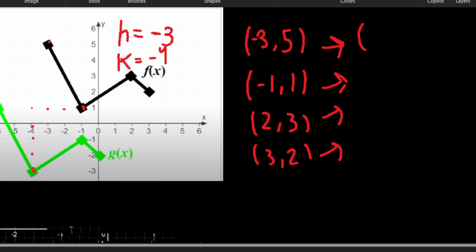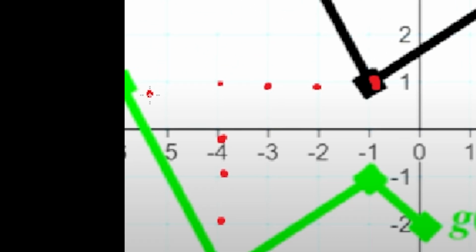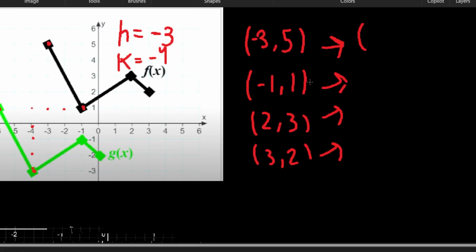Negative 3, 5 moves to negative 6, 1. That makes sense. If you do minus 3, you get negative 6, and if you do 5 minus 4, you get 1.